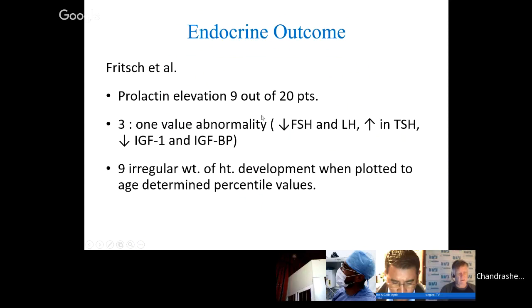Endocrine outcome in these patients: there are a certain number of patients where there are some hormonal abnormalities, but most patients settle down, and fortunately it's not a very common phenomenon associated with third ventriculostomy.